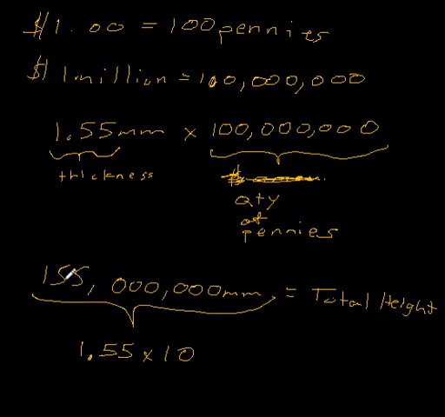Well, if I were to write 155 million in a form where there's only one number to the left of the decimal, I would have 1.55000000.